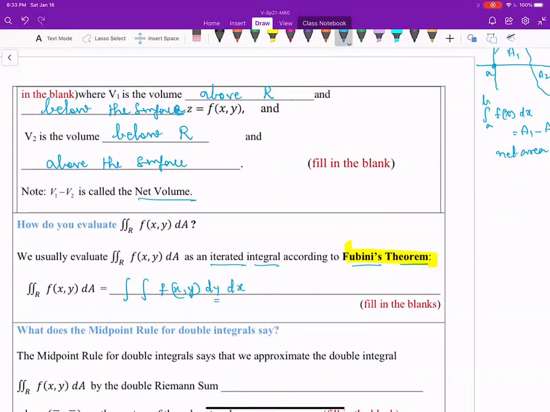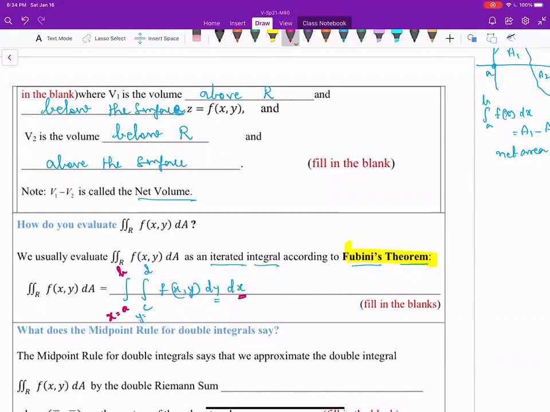If you consider the inner integral with respect to y, then you have to consider the limits for y inside. Then outside it is x, so x equal to a to b. You have to write down the limits for x. So that will be the outer one.